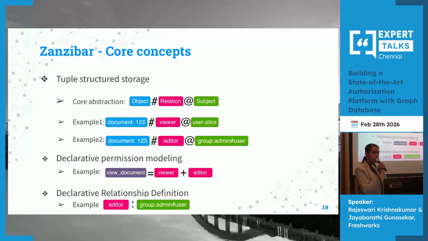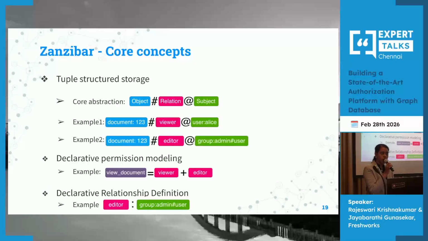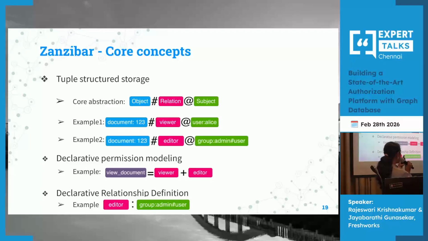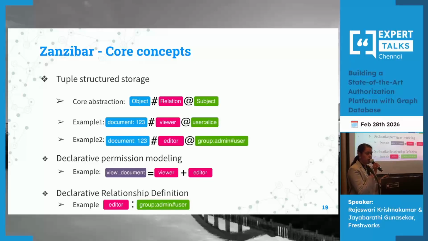So based on the relationships, you can aggregate them by using or conditions or and conditions and define who can access the document. So if you see here, view document is equal to viewer plus editor, which means anybody who's associated with the document via the viewer relationship or the editor relationship will be able to view the document.